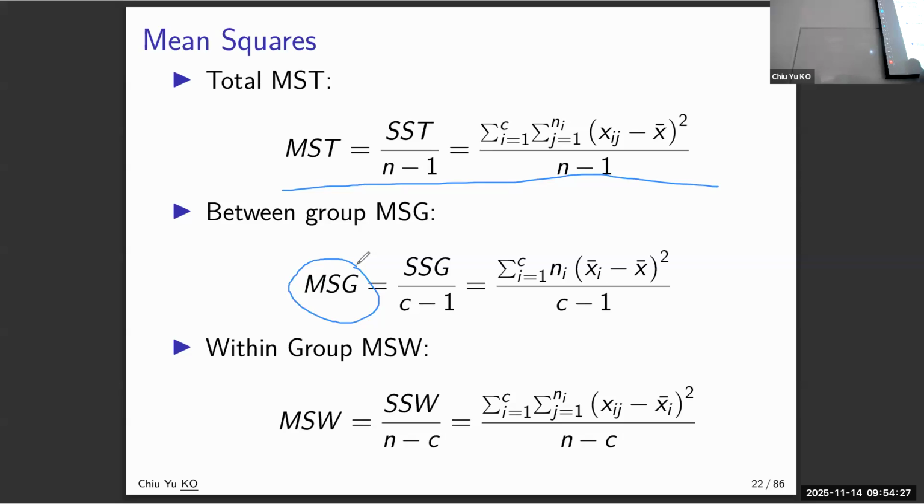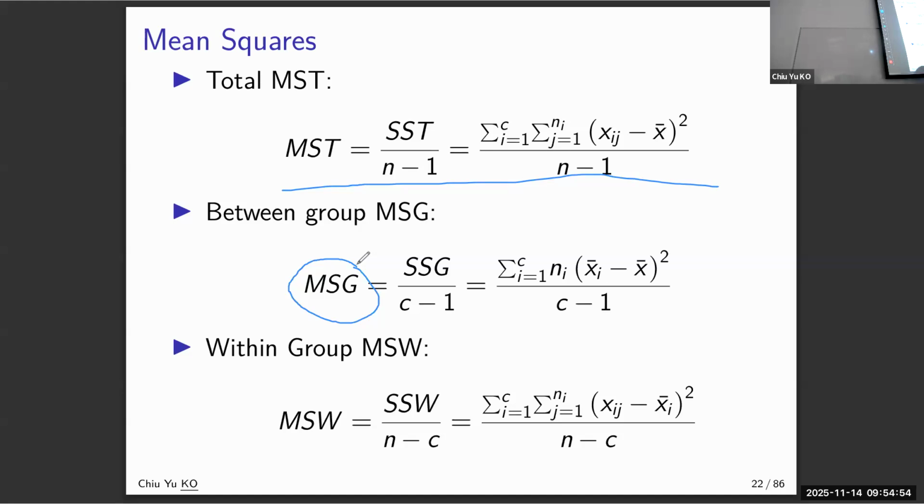Similarly, you can think about the idea of MSW, which is looking at the mean within each group, right? So you don't care about across group. You divide by N minus C because you have C estimated means. So this is the variance you calculate.